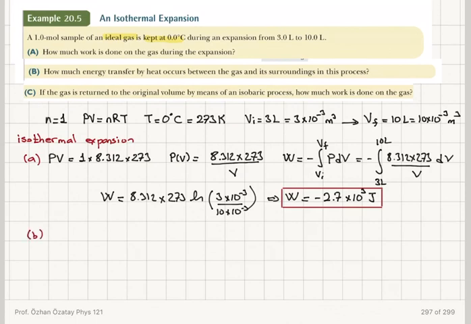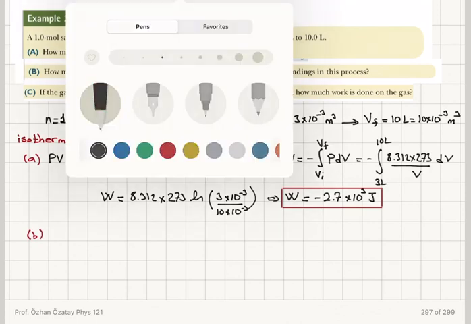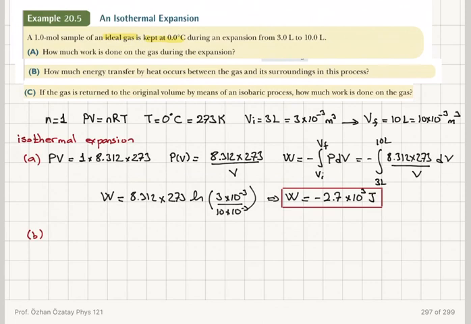In part B, how much energy transfer occurs by heat between the gas and its surroundings in this process? Now, in an isothermal process where the temperature is kept constant, the internal energy change is 0. Internal energy is a state variable, and it has not changed because the temperature has been kept constant.